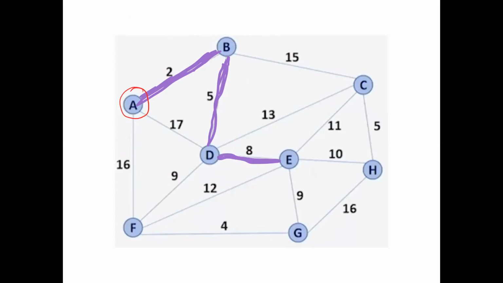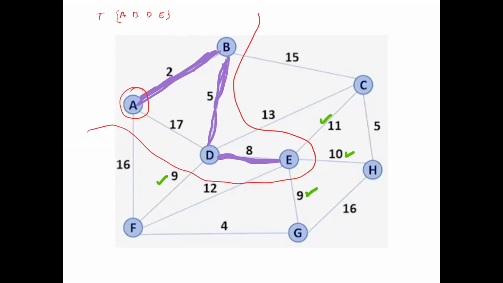From this onward, again generate the partition like this. Now this partition contains the vertices A, B, D, E, and the other partition contains the remaining vertices. Now considering the remaining vertices, the vertex F has got three edges going to the partition, A to F, D to F, and E to F. Out of these three edges, the minimum weight edge is D to F, that is 9.